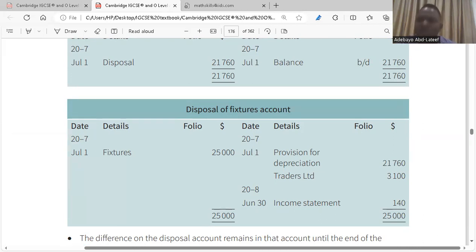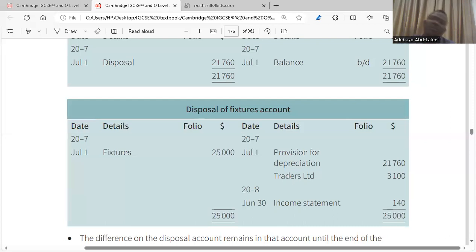Certain fixtures were sold for 3,100. Yes. You had it with the value of the fixtures. That is what you have to take away from the fixture. The remaining goes to your income statement as provision for depreciation. Is it clear or not?